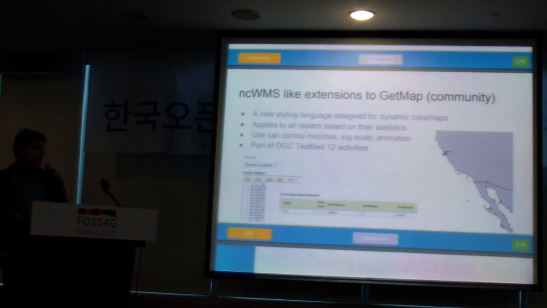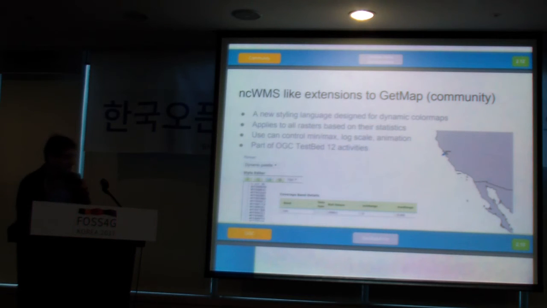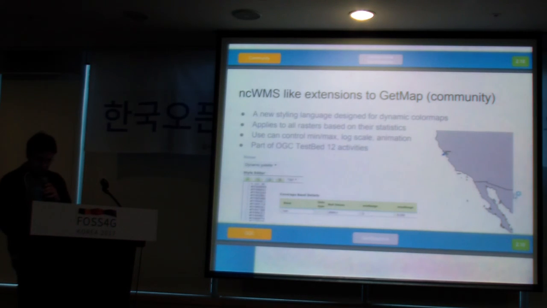And I can also apply a logarithmic scale versus a linear scale. The animation would have made it evident, but anyway, it's a way to quickly display scientific data, in particular NetCDFs.